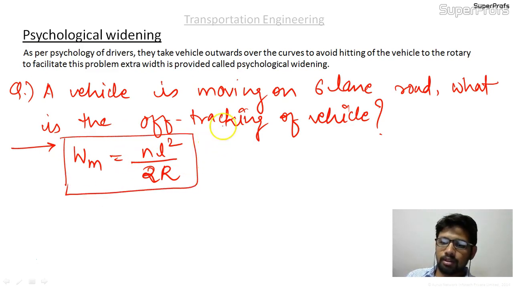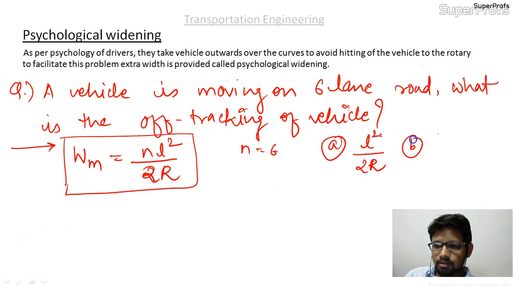The n value is 6, since it is a 6 lane road. And what is the off tracking of the vehicle? Option A is L square upon 2R.